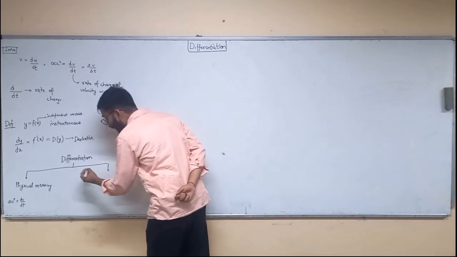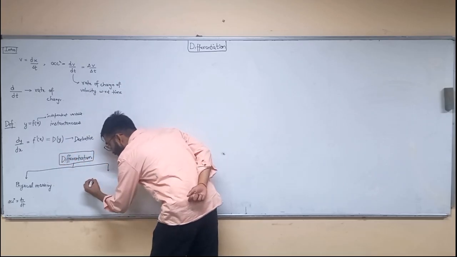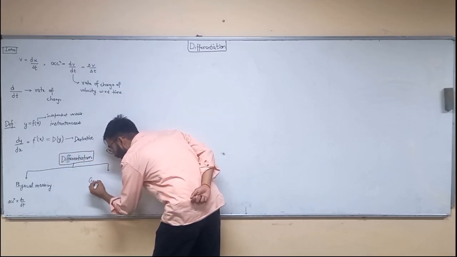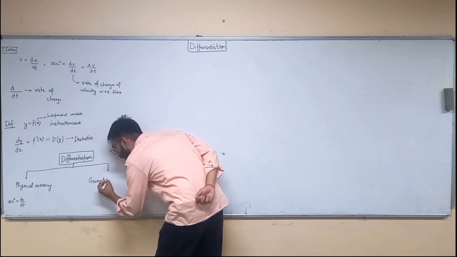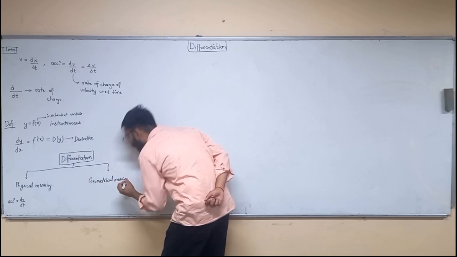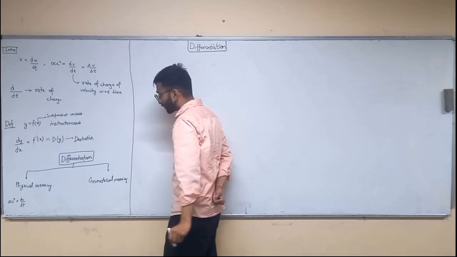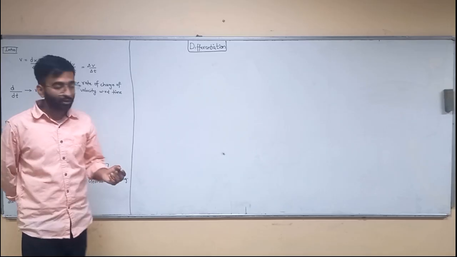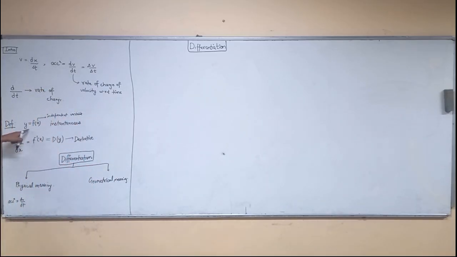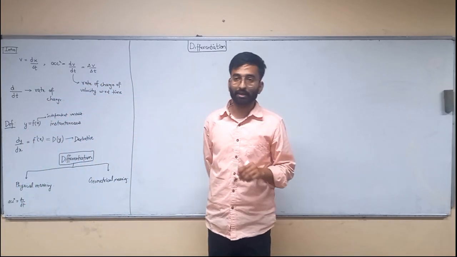Similarly, differentiation can also be explained geometrically. What is the geometrical meaning of differentiation? Given y is equal to f(x), let us suppose f(x) has some curve in a 2D coordinate plane.